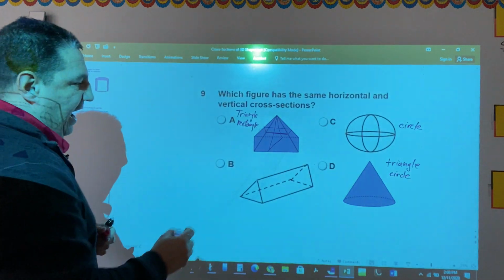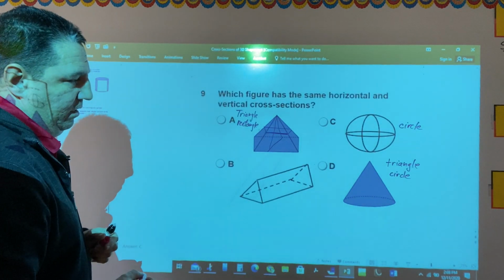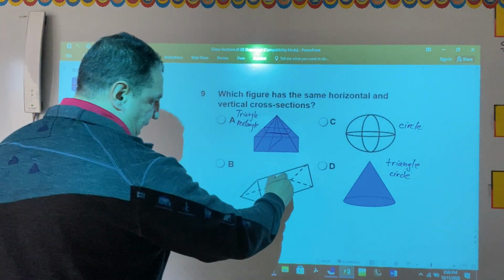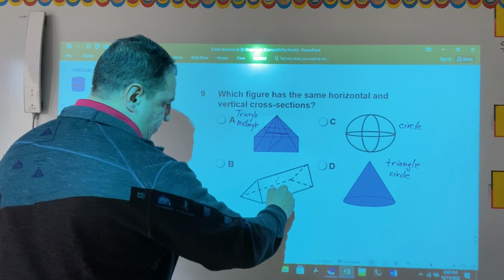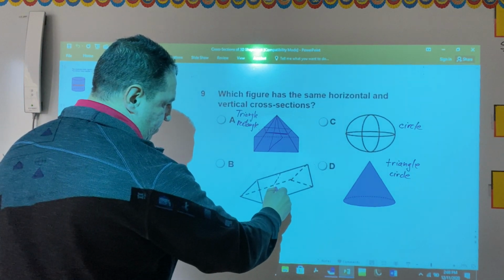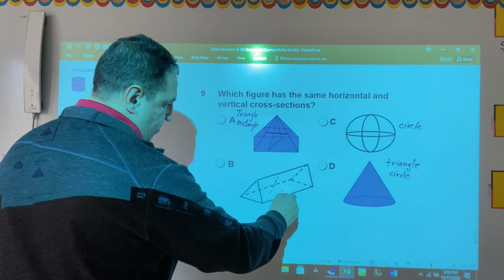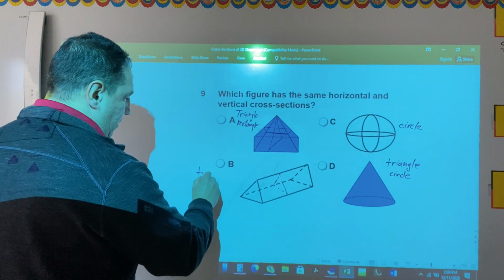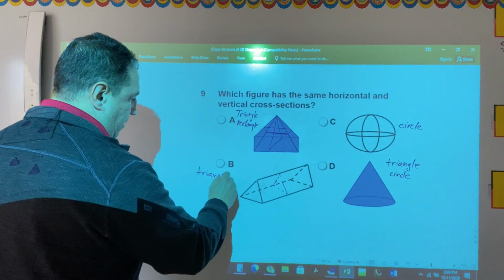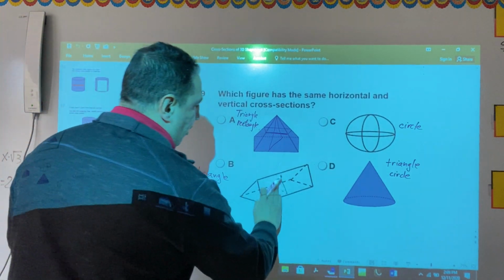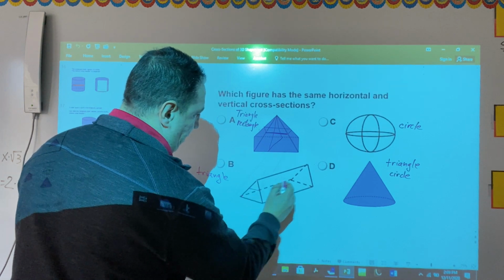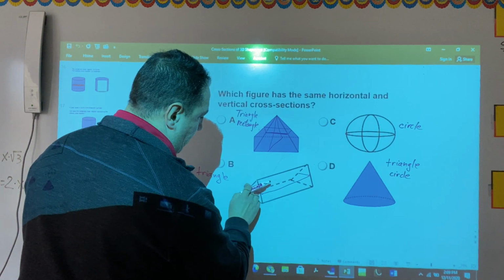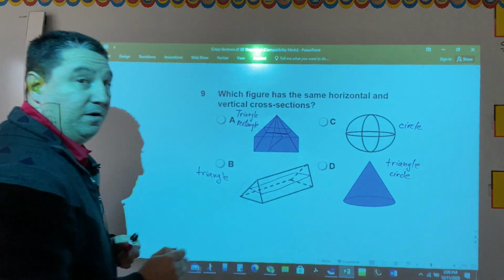And for a triangular prism, the vertical cut would be a triangle, and a horizontal cut would be a rectangle.